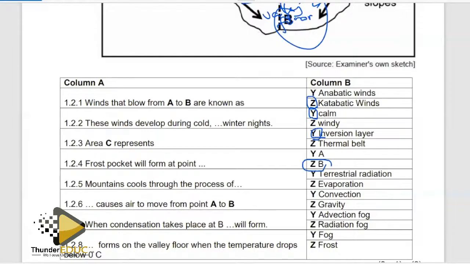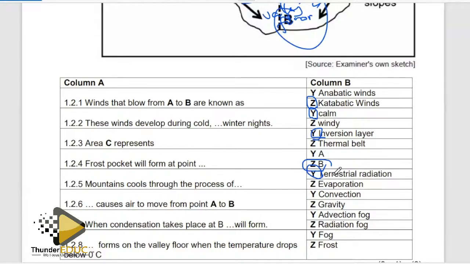Terrestrial radiation is the same as long wave radiation. When we have the loss of heat from the surfaces during the night, that is a form of terrestrial or long wave radiation. That is the one responsible for the cooling of mountains.